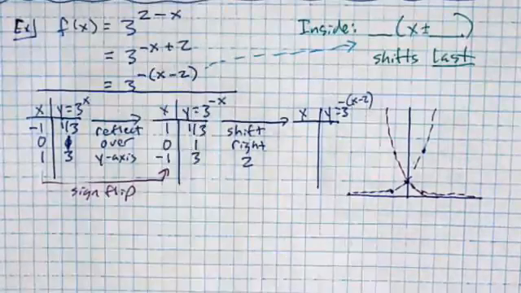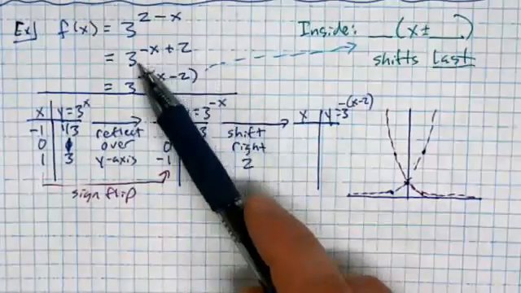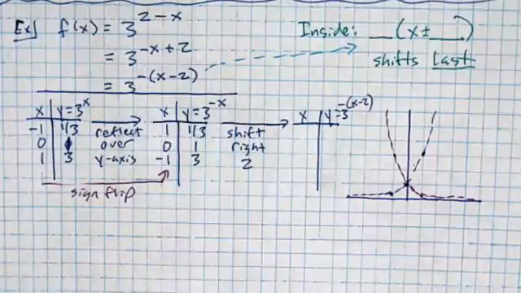It is in this format. I would need to do the shift left first, and then a reflection afterwards. So there's a lot of rules about what comes first depending on what form it's in. What I'm going to encourage you to do, and there's a couple of reasons for this. One, I think it's the simplest.